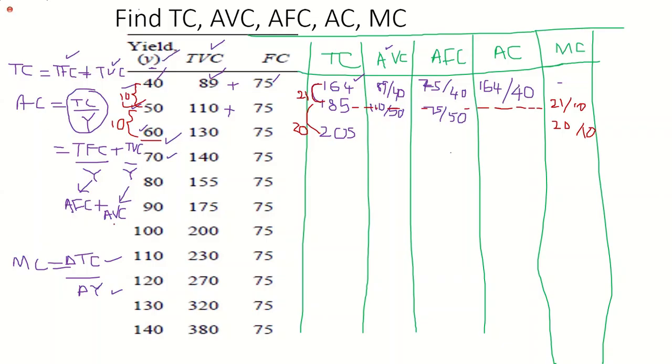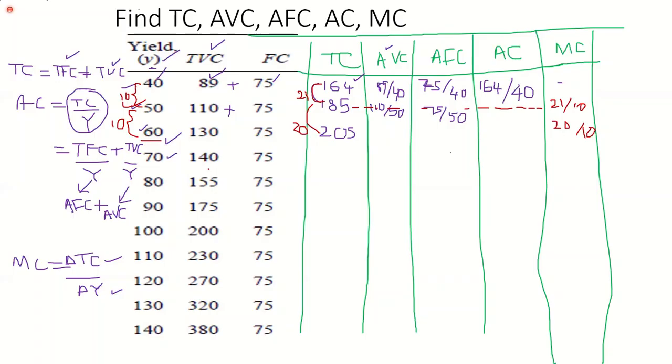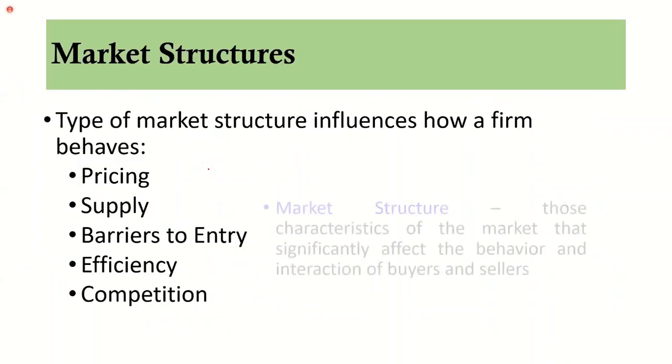Right. So you will get questions on this for the exam, but we will do some related questions next week. Okay. So now we've looked at the production function and the cost function. The cost function, particularly, is important in understanding a lot of economic phenomena around us.